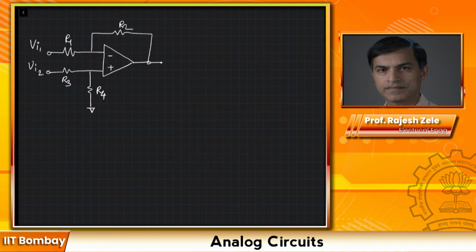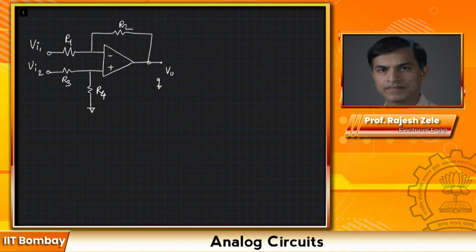And this is my Vout with respect to ground, analog ground. So how do we analyze this circuit? Suddenly I have put 4 resistors and the circuit looks a little bit complicated. Whenever things get complicated, we simplify. And one way to simplify is using the superposition theorem.